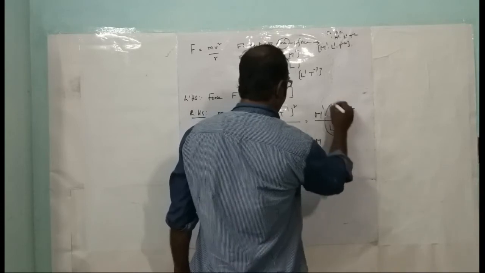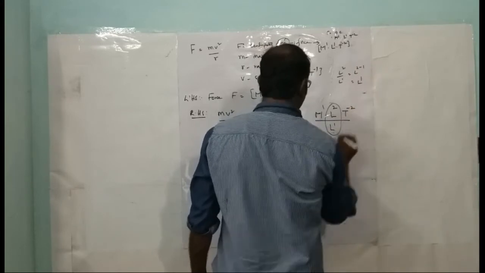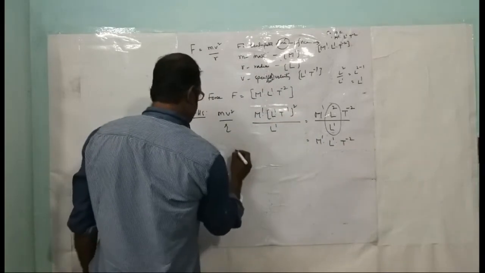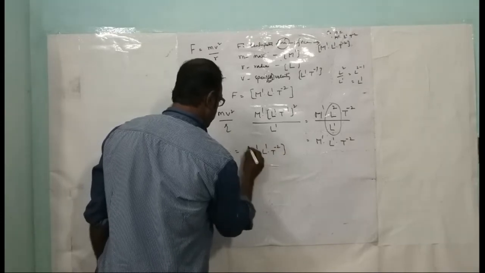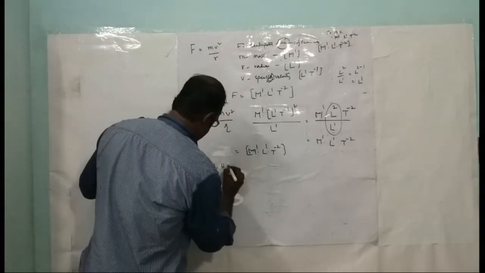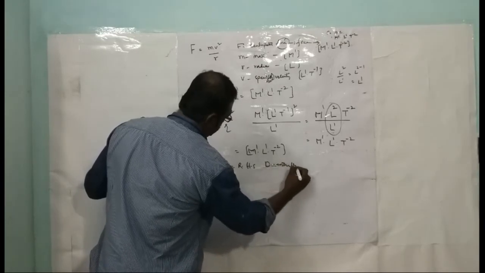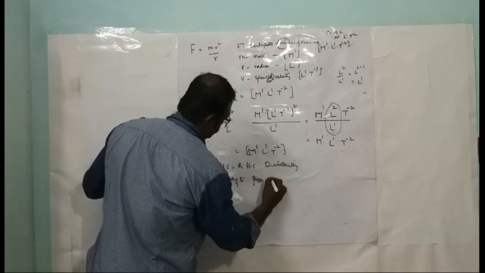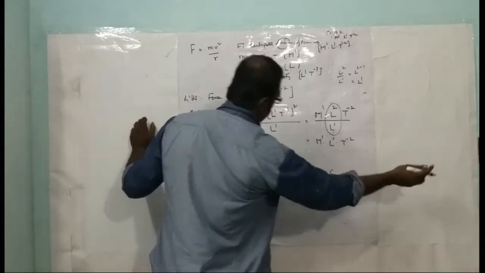So look here, it is L2 by L1, it is L2 minus 1, L1. So L1 t minus 2. So finally we got M1, L1 t minus 2. Put a bracket to this. Look here, the dimensions of the left hand side are equal to the right hand side dimensionally. So according to the principle of homogeneity, the given equation is correct.